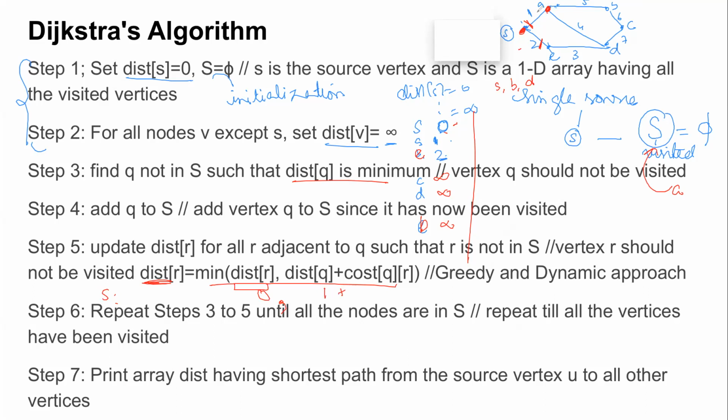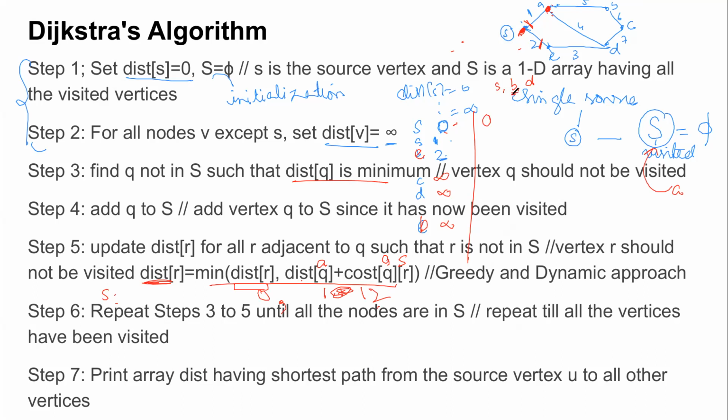And the cost of going from A to S is, apply this formula: distance of A plus the edge between A and S. So what is this cost equal to? Go to A and come back from A. This is also a valid path. Its cost is 2, going from S to A and A to S. The minimum of the two is 0 only, so 0 will remain there.